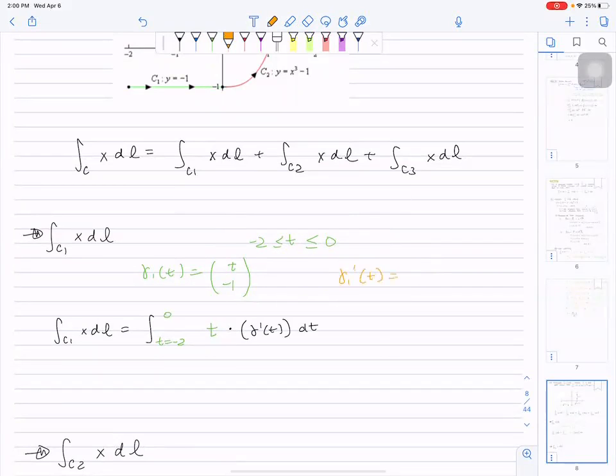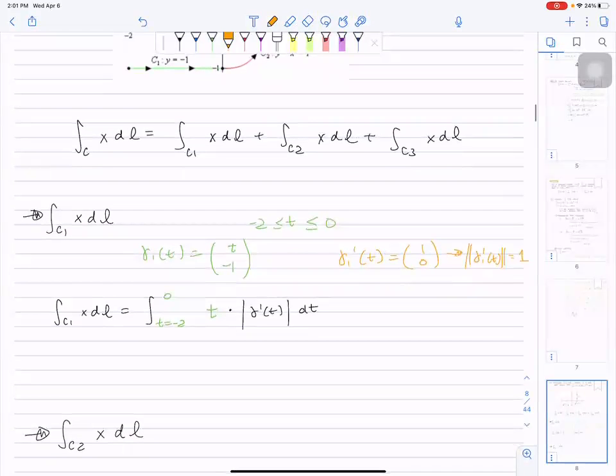So we need to find our derivative. We take the derivative of the green thing, that's (1, 0). And the length of that is going to be 1, because it's just the square root of 1 squared plus 0, or 1.